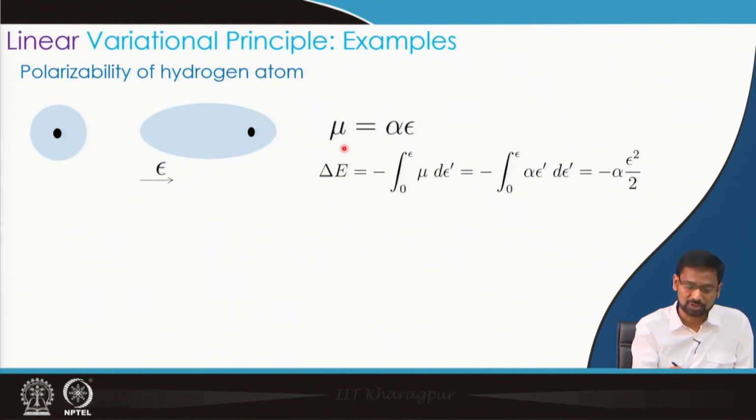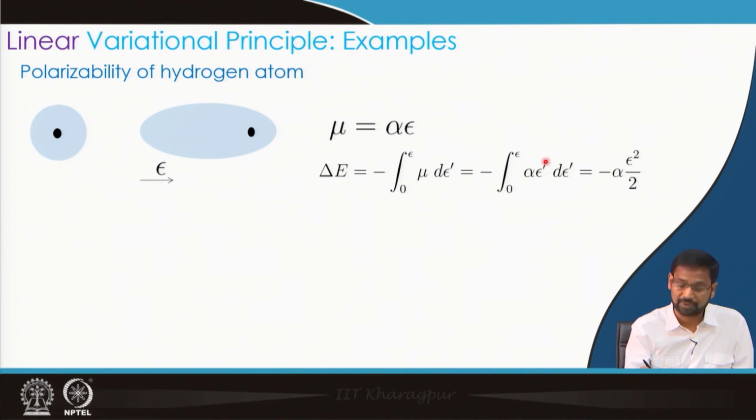That energy expression is given by this relation, where this is delta E, the energy required, by applying an electric field, to create a dipole moment of mu. Here epsilon prime is simply another form of the electric field. So, I am applying the electric field from 0 to epsilon, and I am trying to find out the energy required to obtain this dipole moment mu.